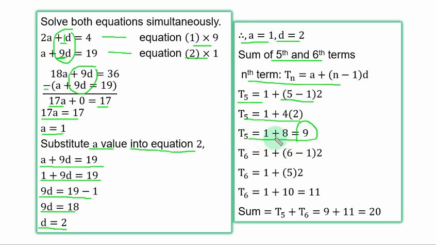The fifth term is 9. For the sixth term, you have A is 1, D is 2, and N is 6. You simplify, and you have 11. Therefore, T sub 5 plus T sub 6, the sum, is 9 plus 11, and that is 20.